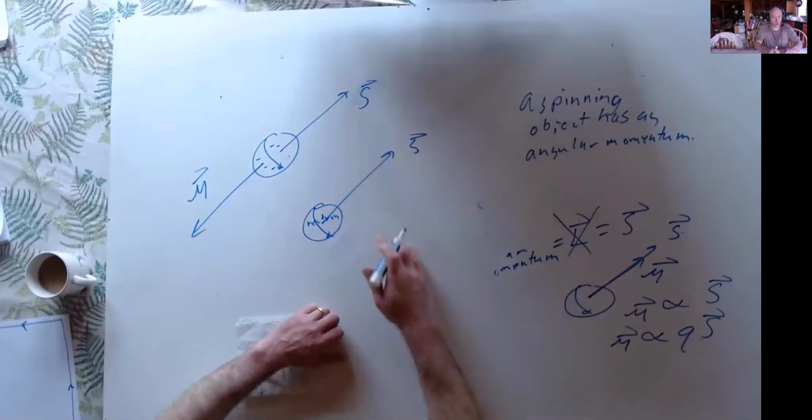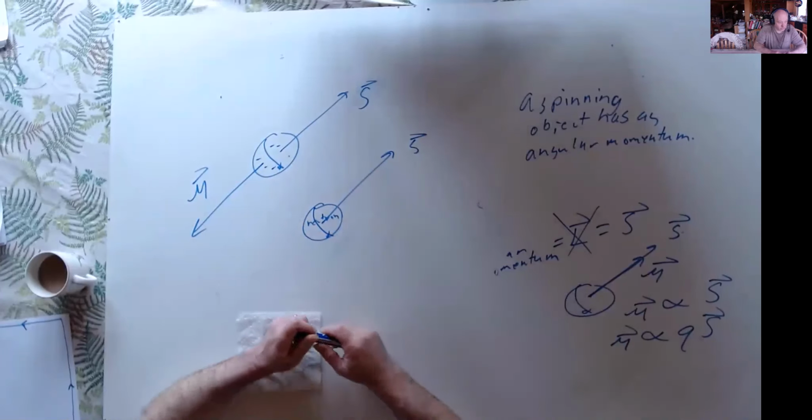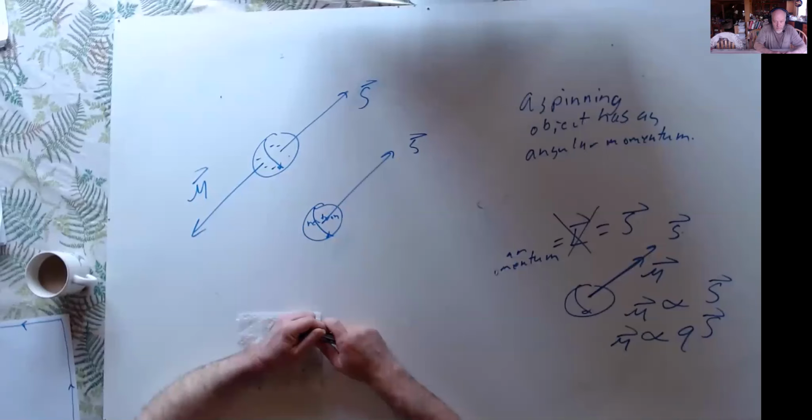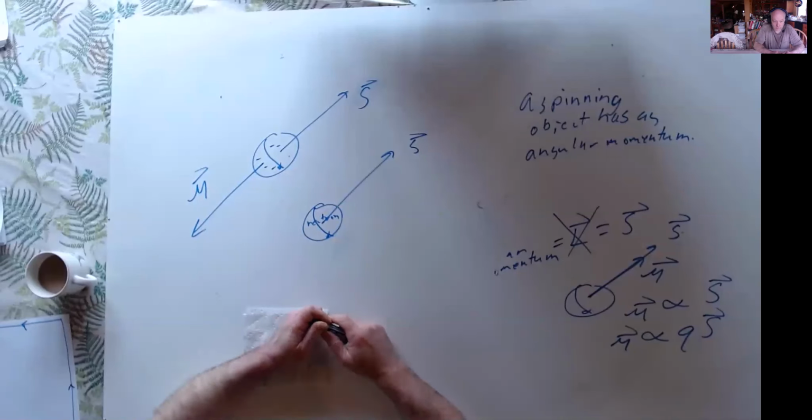What would be the magnetic moment for a neutron? Okay, there wouldn't be one.